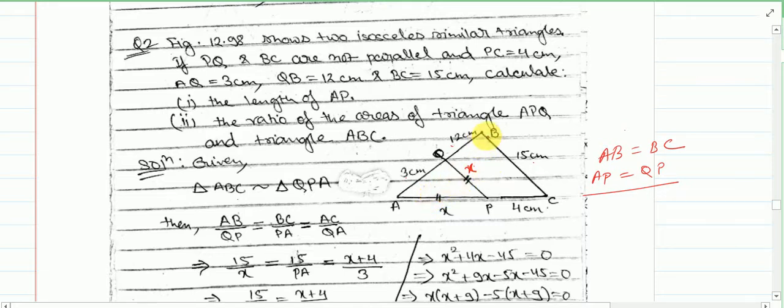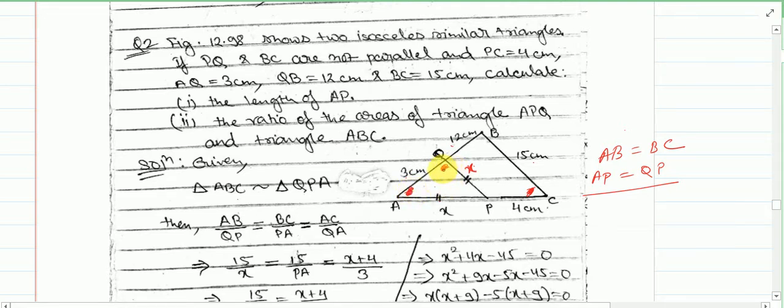So now here we have to decide which sides are proportional. Okay, so here you can see that AB is equal to BC. Since this is an isosceles, this angle will be equal to this angle, and again APQ is an isosceles, and AP is equal to QP. So obviously this angle and this angle are equal.